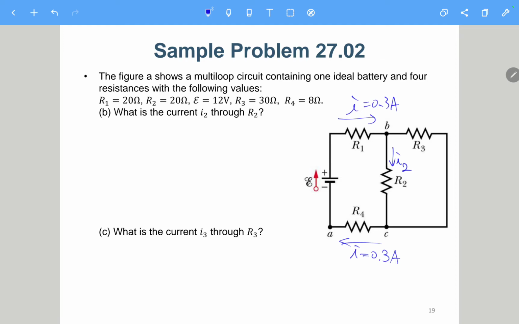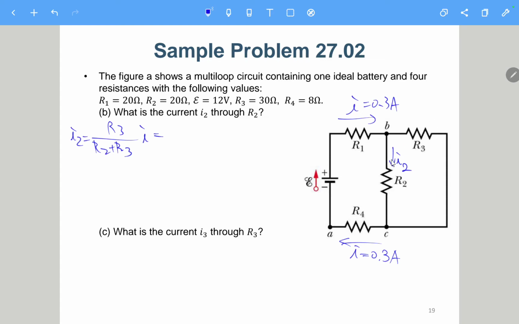For me, it is the so-called current divider. So I usually remember an equation like I2 equals R3 over R2 plus R3, times I, because this is I going through two paths.